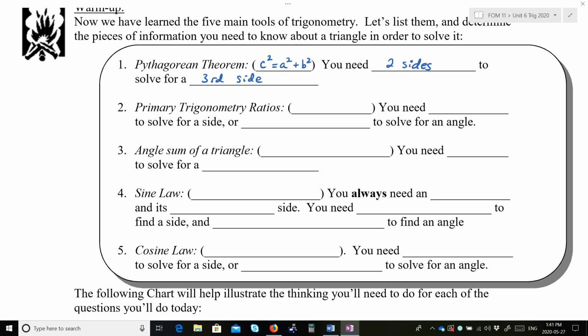The second tool of trigonometry was the primary trig ratios. And for that we have an acronym, SOHCAHTOA. Stands for sine is opposite over hypotenuse, cosine is adjacent over hypotenuse, and tan is opposite over adjacent. You need one side and one angle to solve for a side, or if you want to solve for an angle, you need 2 sides.